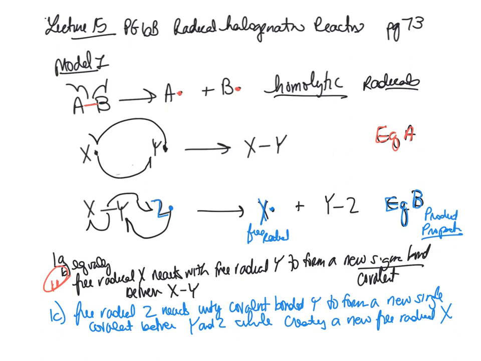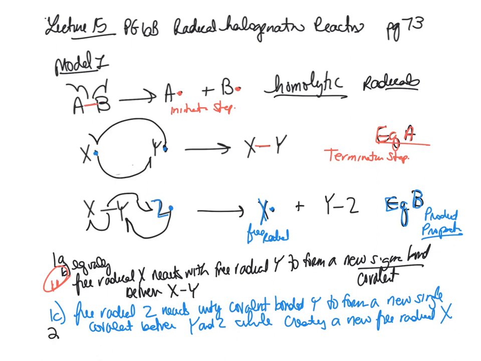From what we were learning earlier, you have a radical and a radical, and they come together. That's a termination step. And then here you're going to learn that this is an initiation step. Okay, so in which reaction are radicals consumed so there are no free radicals as products? That's equation A, termination step.